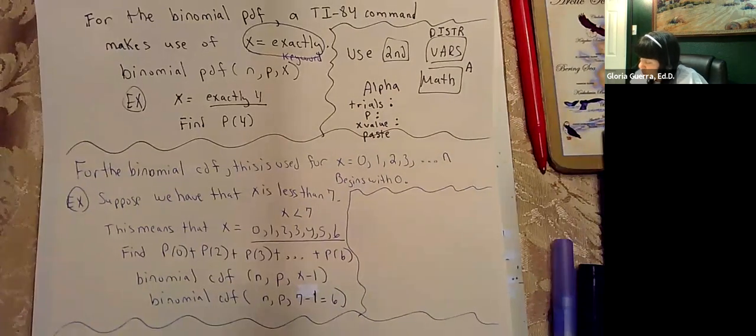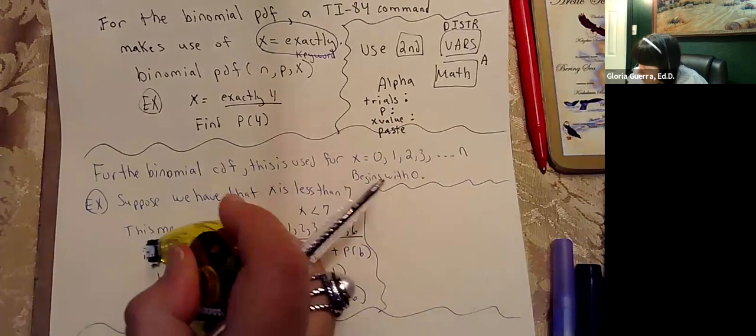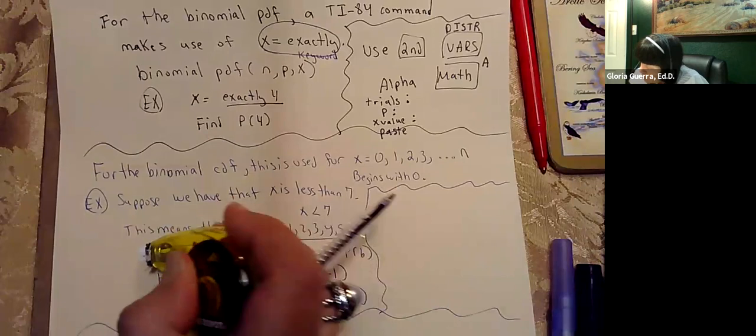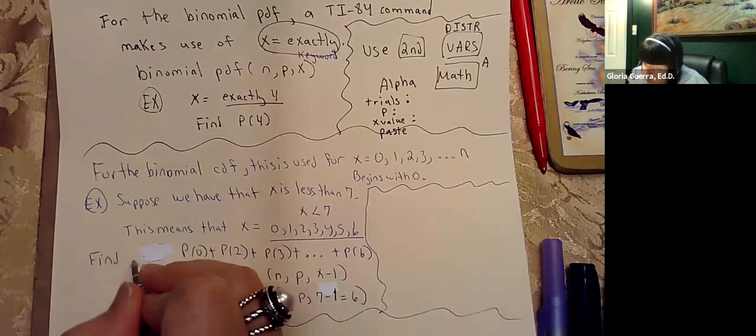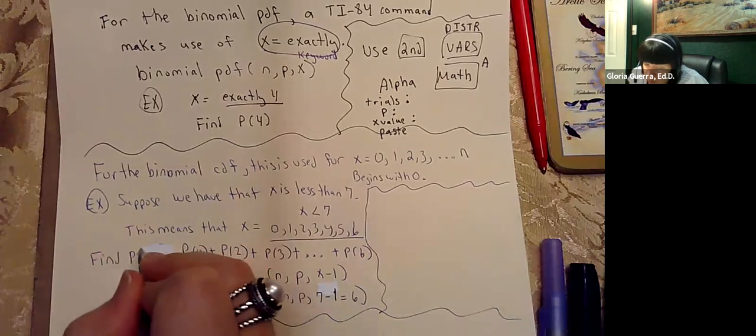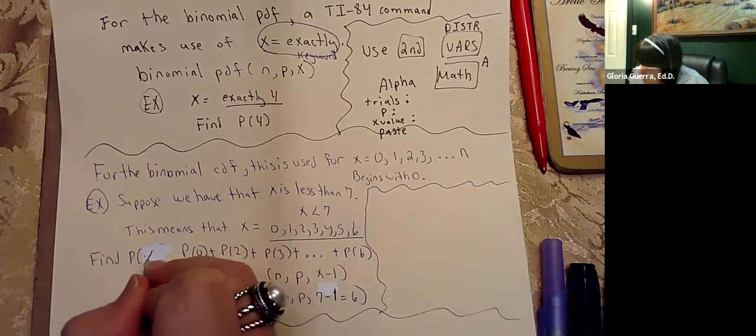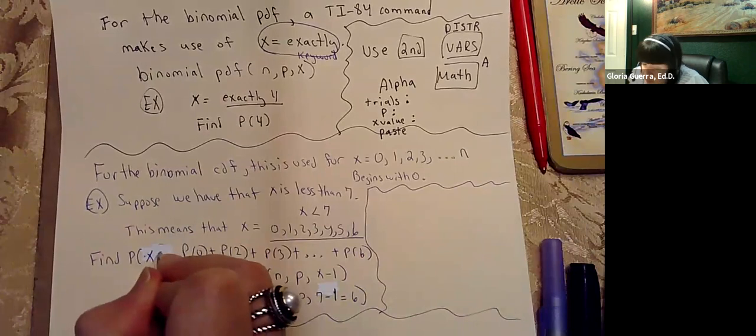So that means I want to find the probability that x is less than that given number, which is 7.